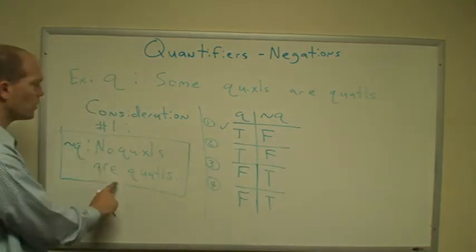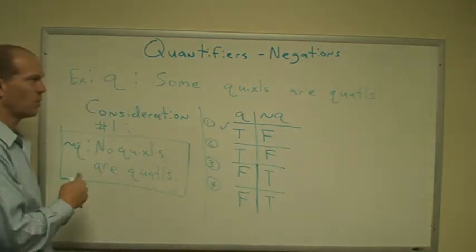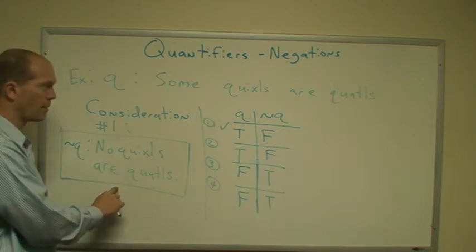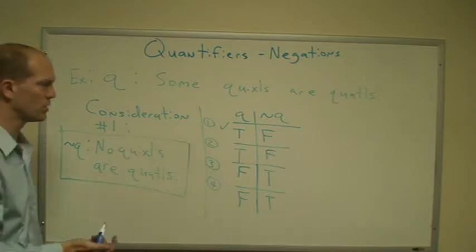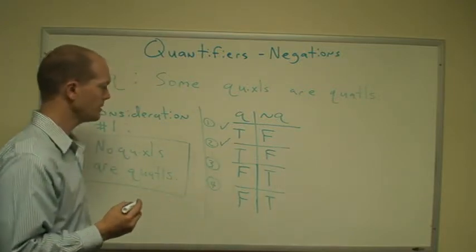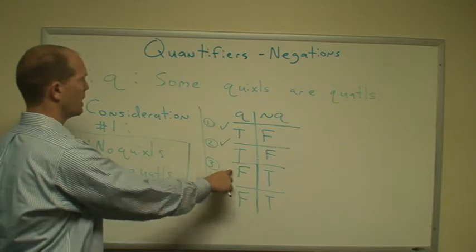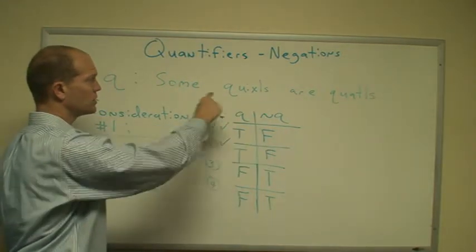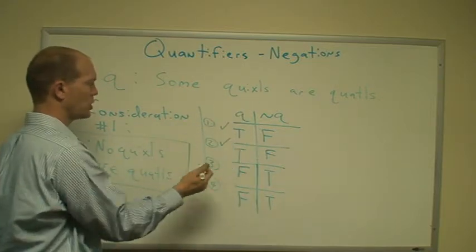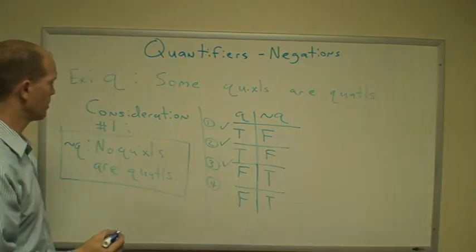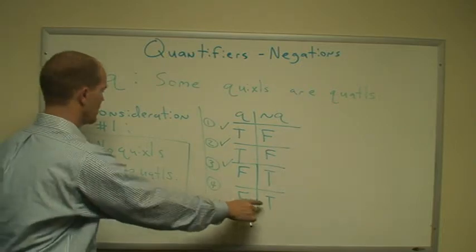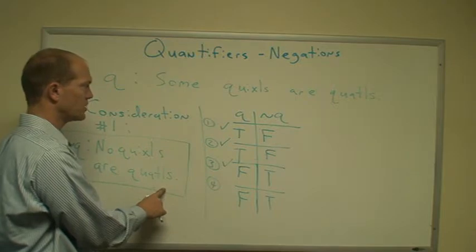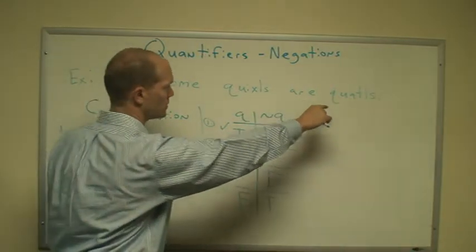Next, let's come down here. We're going to say it's false that no quixels are quaddles. What would make that false? Well, if "no quixels are quaddles" is false, that means there have to be some quixels that are indeed quaddles. Now coming down here, if it's false that some quixels are quaddles, that must mean that there are none that are. Looks good for step number 3. Number 4: if it's true that no quixels are quaddles, does that make "some quixels are quaddles" necessarily false?